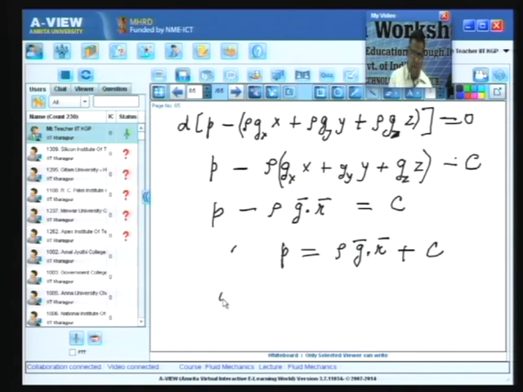So, here r is the position vector of a point and g is the gravity vector. So, r is x i plus y j plus z k.